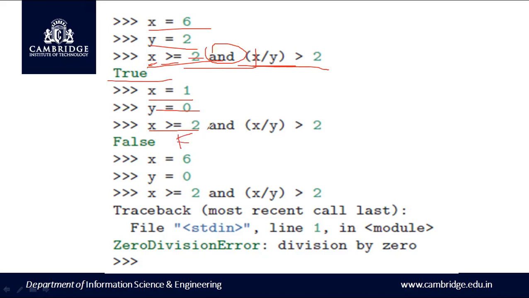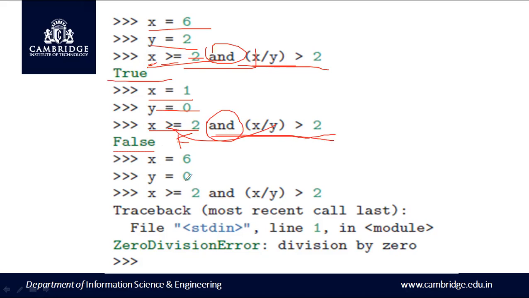So once the first expression is false, Python does not evaluate the rest of the expression. Why? Because the AND operator requires both expressions to be true for the overall expression to be true. If either one of the expressions is false in an AND logical operator, the whole expression becomes false. That is why Python does not evaluate the rest of the expression.